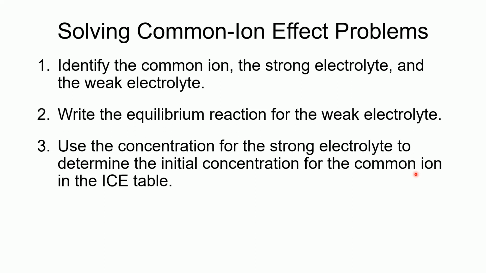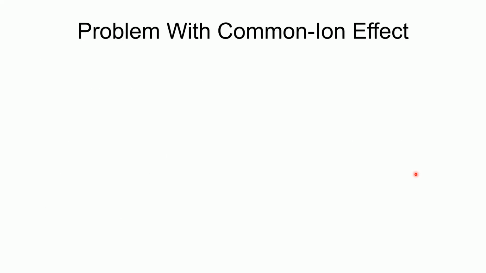All right, well, we're going to do the same thing on a problem here in just a moment. And then solve the problem. And solving the problem usually involves neglecting X. So let's go ahead and look at a problem with the common ion effect.